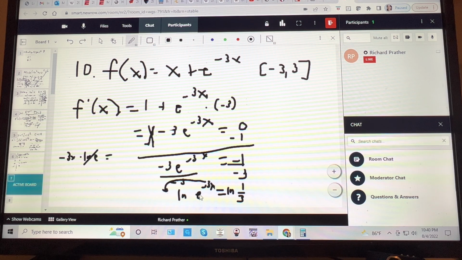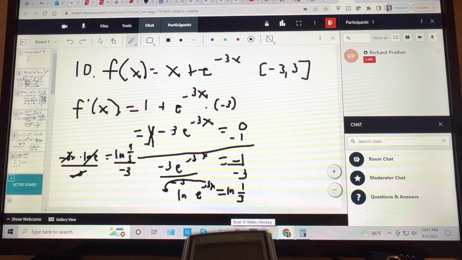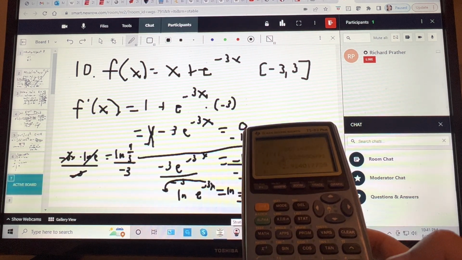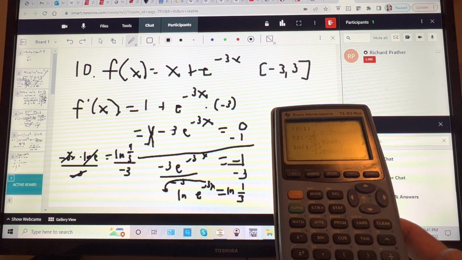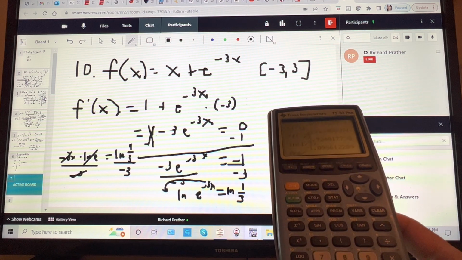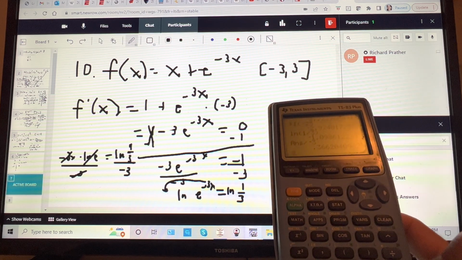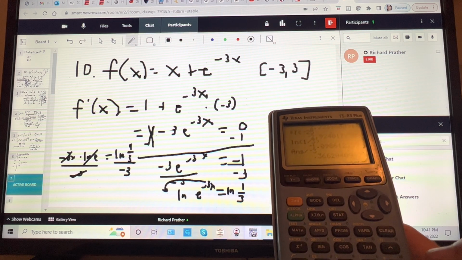That's the reason for choosing ln, so you can make that e go away. ln of 1/3, and divide by -3. x is this mess. Curiously, what is that close to? Natural log of 1/3 is about -1.099, and then if you divide by -3, it's positive 0.366 approximately.